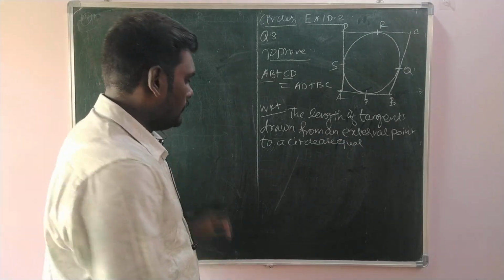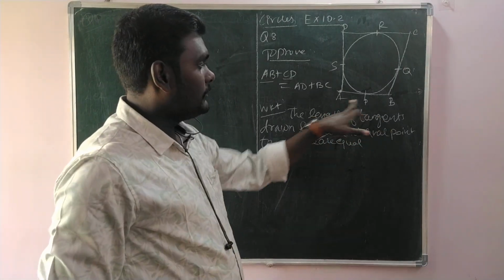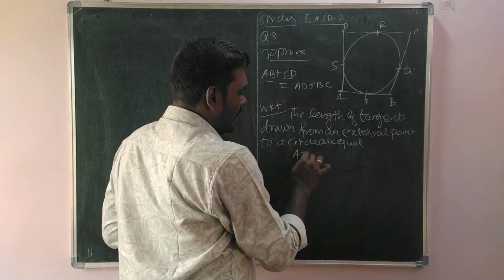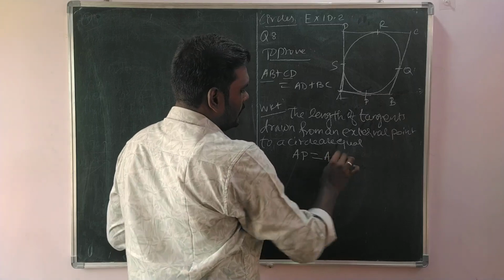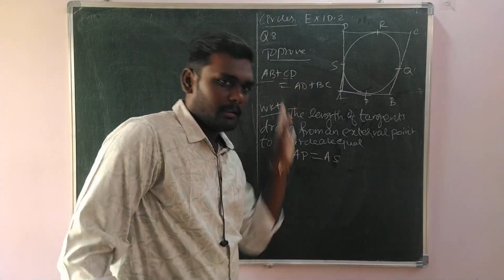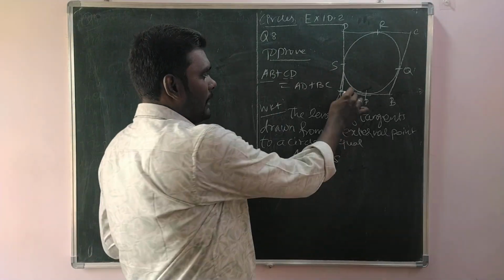Look at this carefully. First list out the pieces of AB. What I am writing is AP is equal to AS. Whatever you write, make sure the pieces of the left hand side come in the left hand side. That is AP.